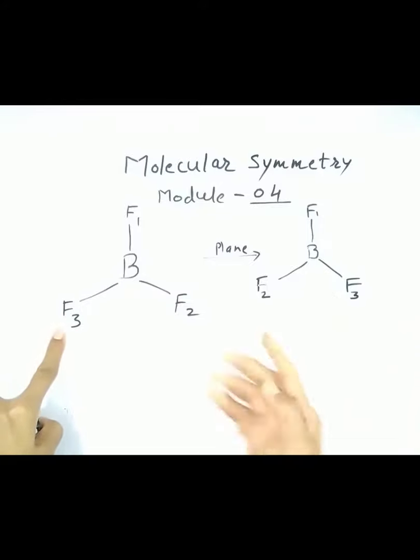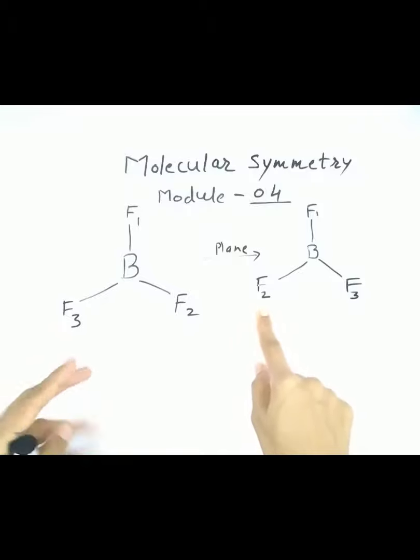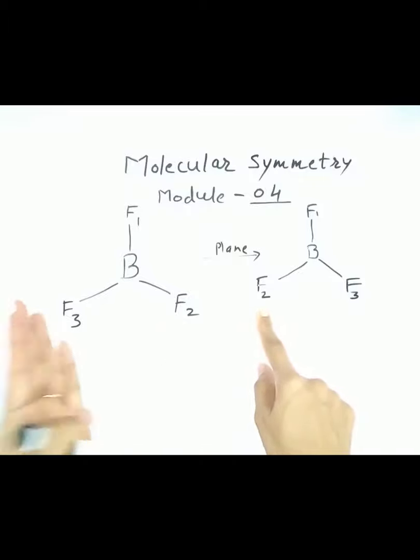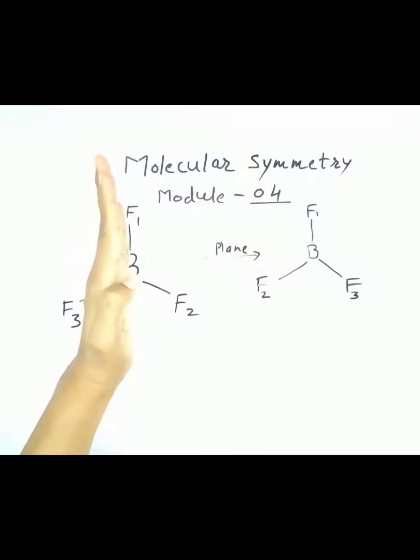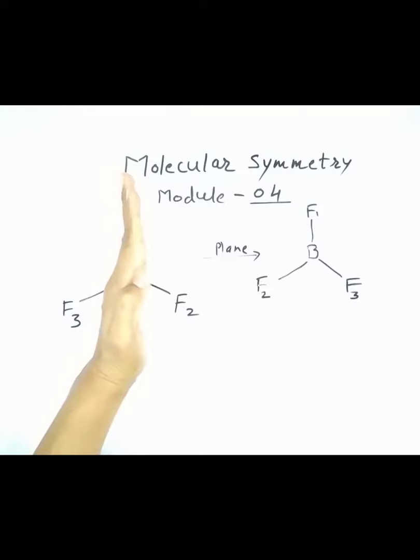Over F3, F2 will show its image, so here I have written F2, and at the place of F2, F3 will show its image, so I have written F3 here. Don't get confused. Passing the mirror plane is simply like keeping a mirror on this molecule in this way.